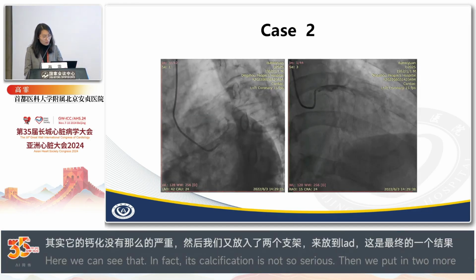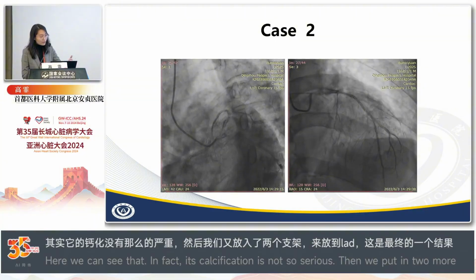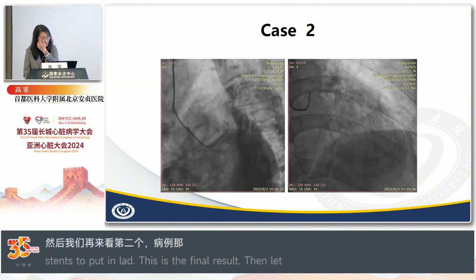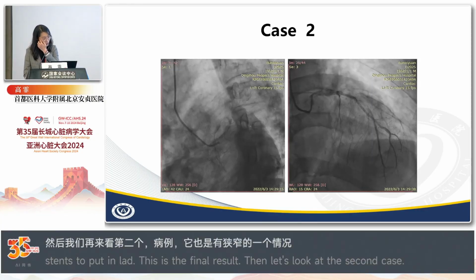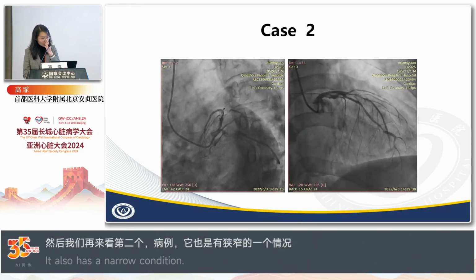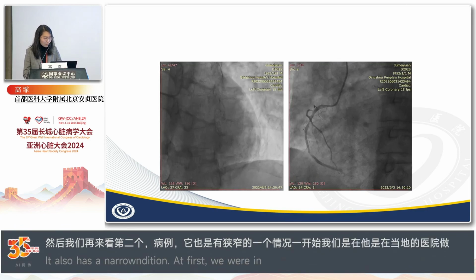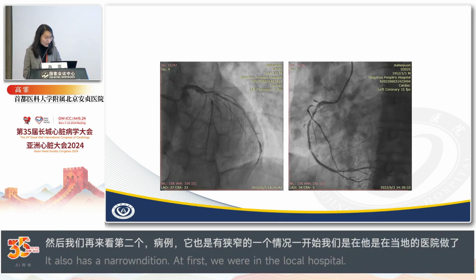So let's move to the second case. It's also an LAD stenosis. The patient first had an angiogram and PCI at a local hospital. They first performed PCI for the right coronary artery.